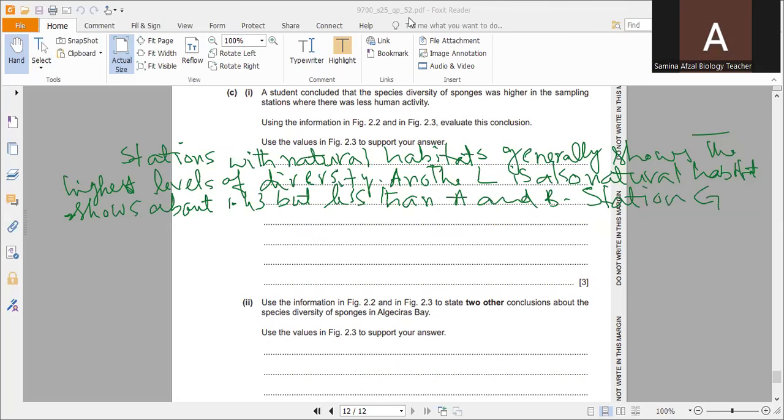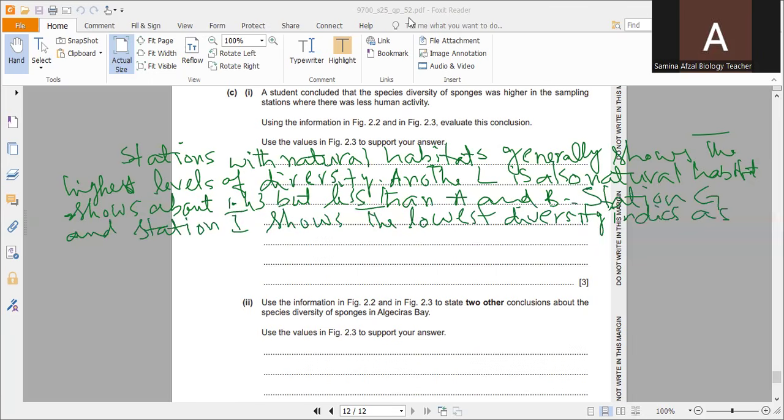Station G and station I show the lowest index as 0.71 and 0.81 respectively.